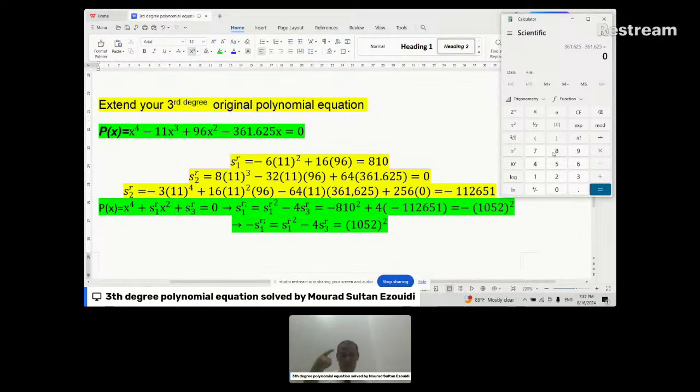You will tell him, I remember the mathematics teacher Mourad Sultan Ezouidi, who discovered this and who is publishing and making live streams for learners, for anybody to learn and understand the method, to practice it and go deeply into it. That really helps us solve not only nth degree polynomial equations, but also nth linear equations.